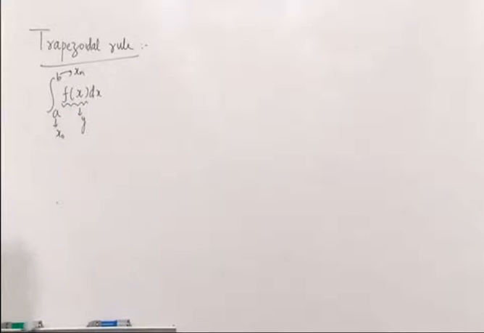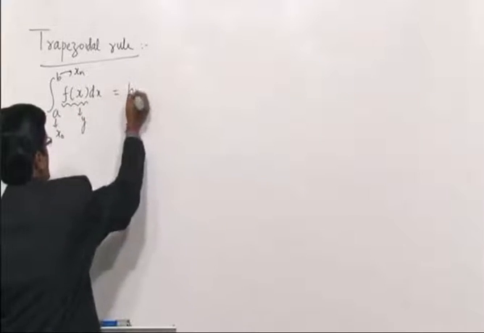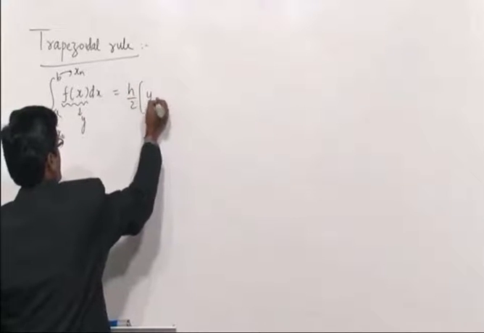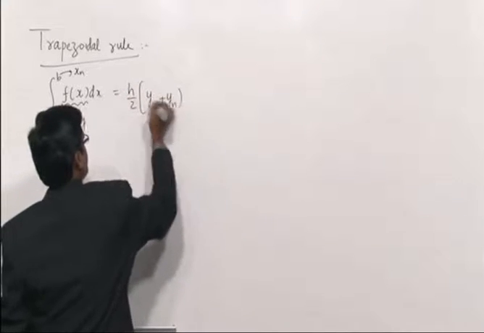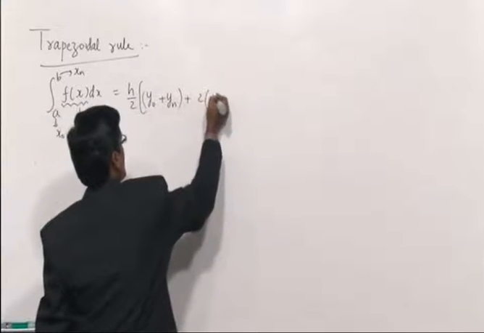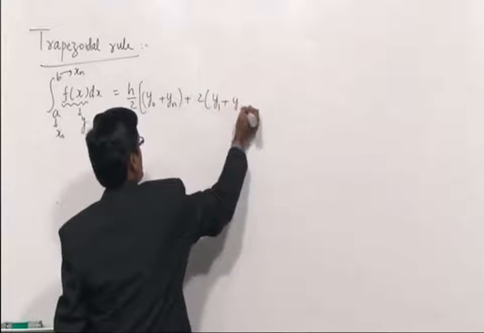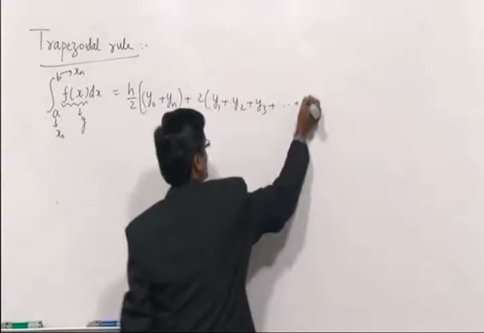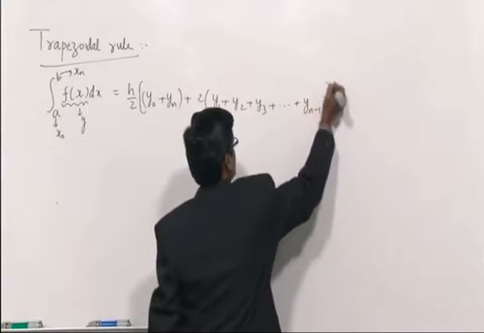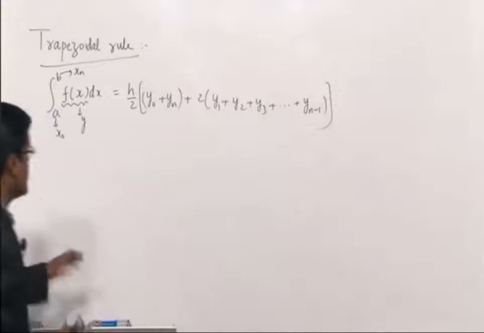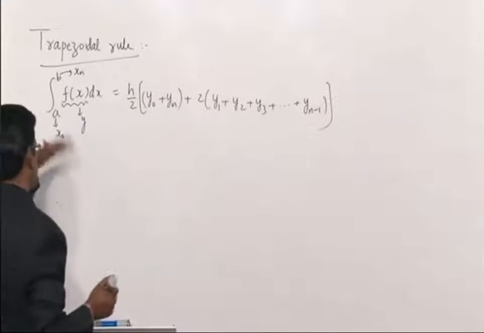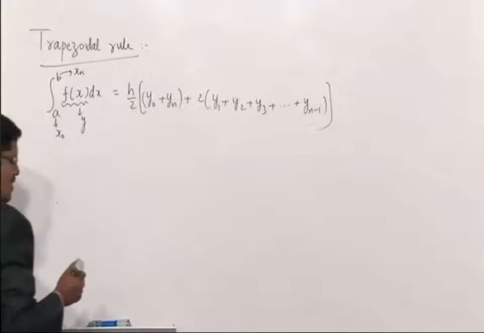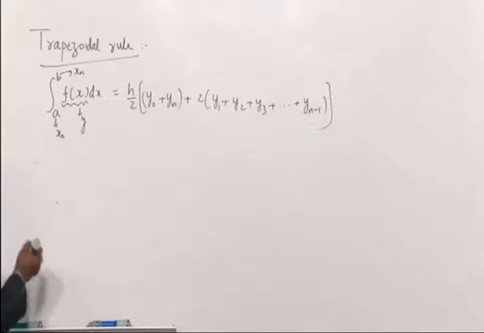Integral y dx is equal to h by 2 into y0 plus yn plus 2 times y1 plus y2 plus y3 plus so on yn minus 1. I will give you y0, y1 separately again, along with all the relations in Euler's method.